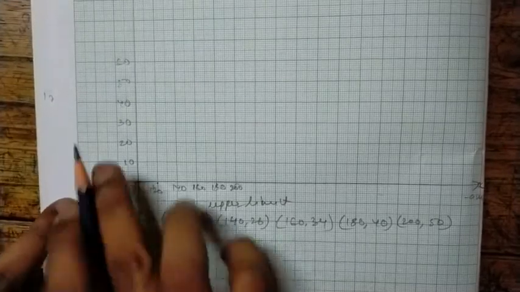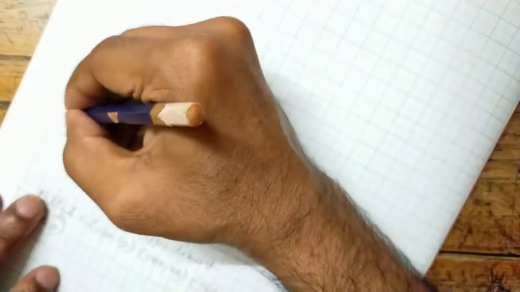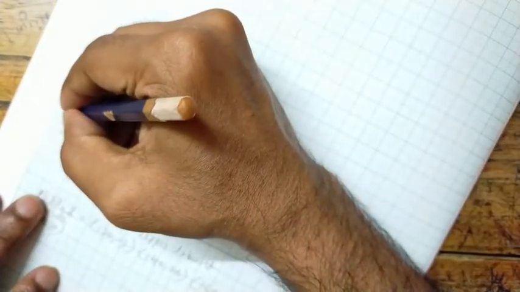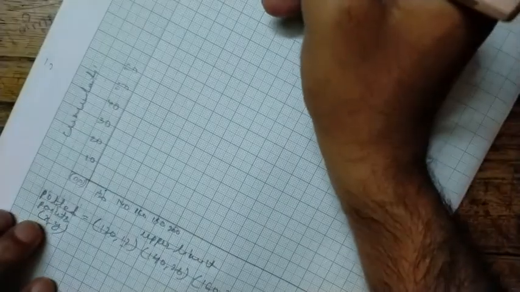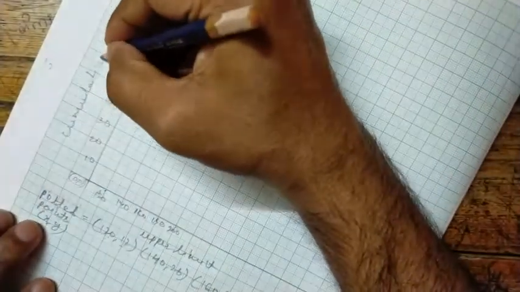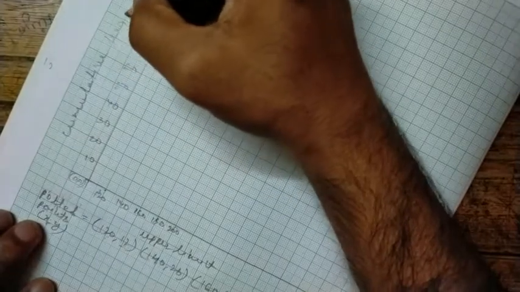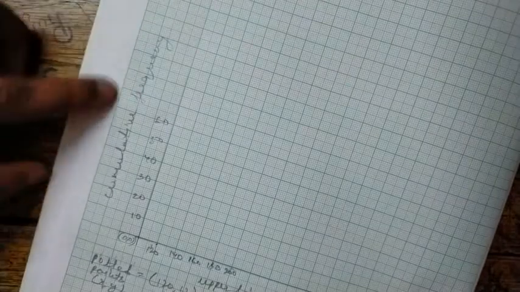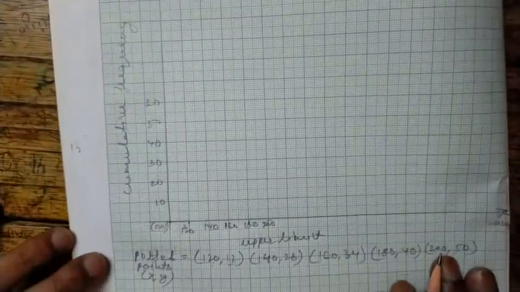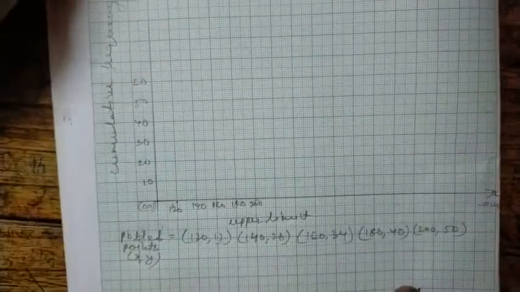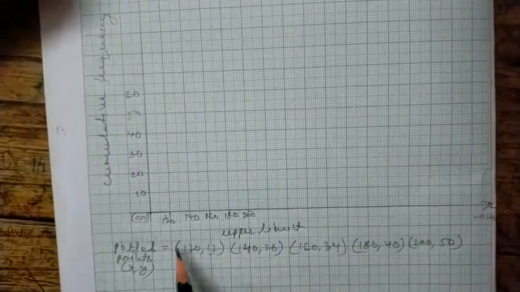So this one will be the cumulative frequency. You have to write here cumulative frequency. Okay, let's put these values on the graph paper.